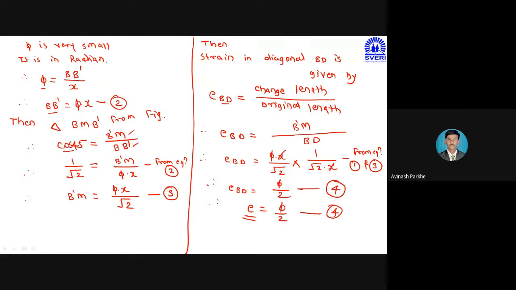So cos 45 means 1 upon root 2. B dash M we have to calculate, so I have kept it as it is. Then B dash we already calculated from equation number 2, so phi x. Then I wrote equation number 3 by rearranging the terms, that is B dash M is equal to phi into X divided by root 2.